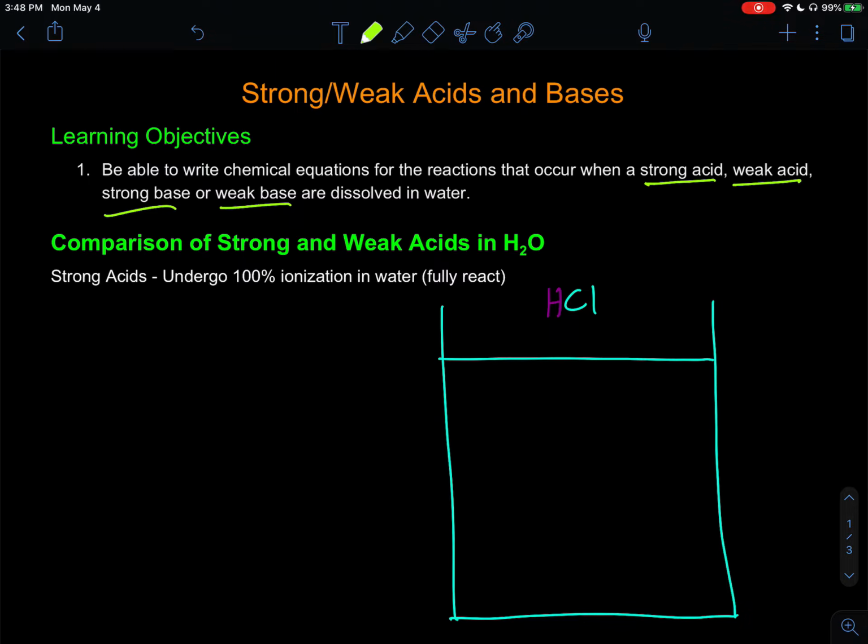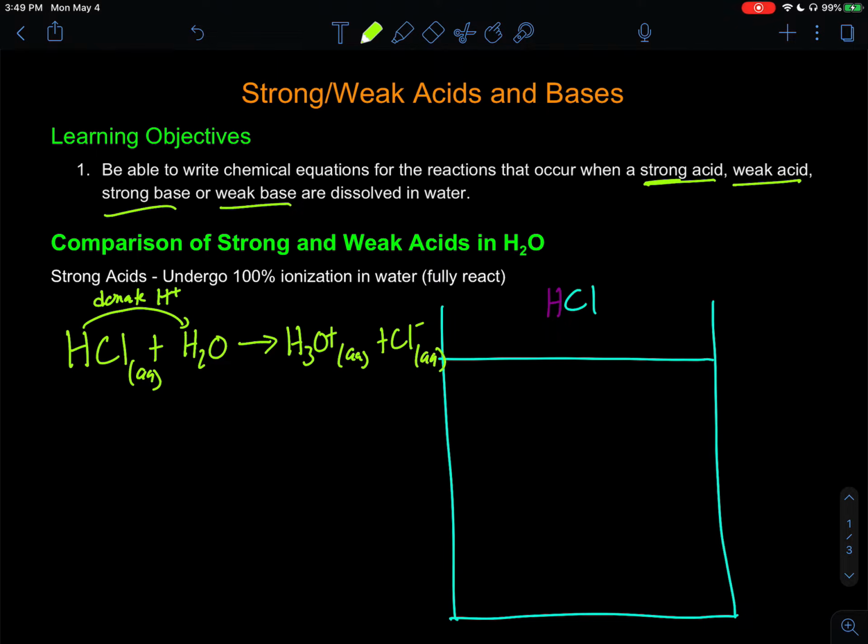So first, let's talk about what we mean by a strong acid, and then we'll compare that to a weak acid. Reminding us, an acid is something that donates an H+. So if we put an acid in water, maybe something like HCl, it is going to react with water, and as it does that, it's going to donate its proton to water to give us H3O+, and whatever is left over, in this case, Cl-.